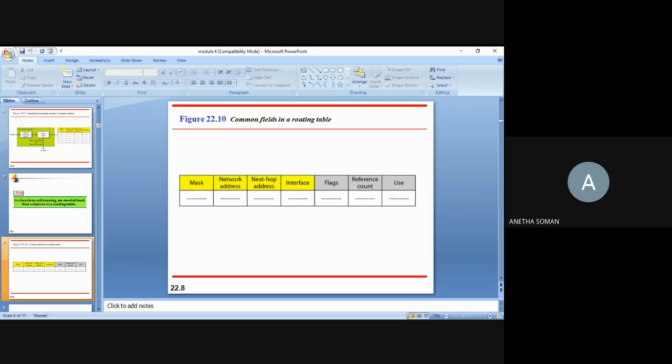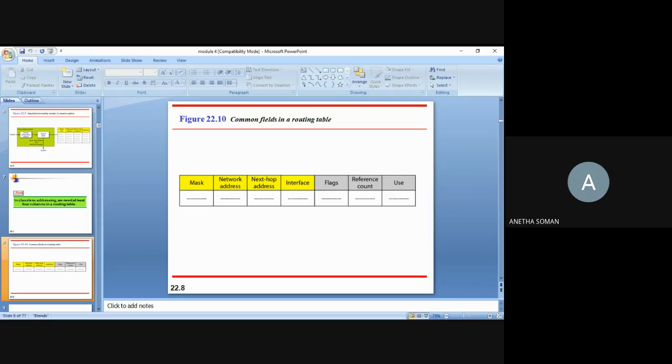Now what does the up flag denote? That's letter U. That U flag indicates whether your router is up or running. If that flag is not present, you should understand that something has happened to that router. The router is down, so the packet cannot be forwarded and it should be discarded.